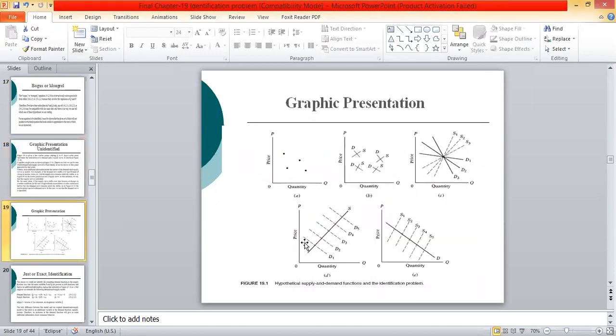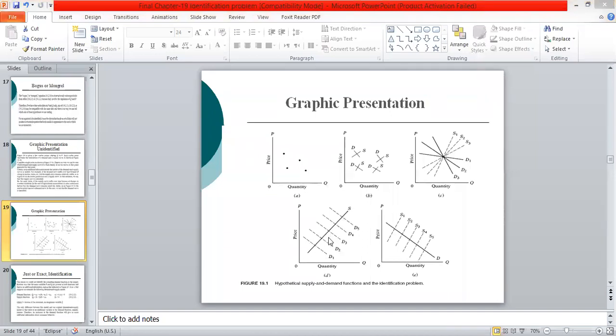This shift in demand is because of additional information, that the income of the consumer is going to increase. With this increase in income, the demand curve is going to shift upward while the supply curve is stable.